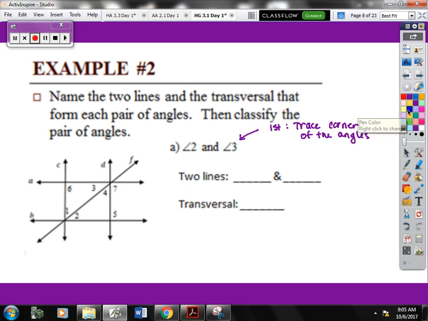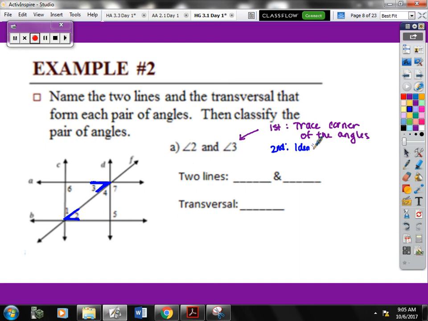Okay, so angle 2, find it in the picture and just trace, don't trace the whole thing, just trace the little corner. Angle 3, do the same thing. Now the transversal, I'd suggest you identify that first, even though it comes second in my description.